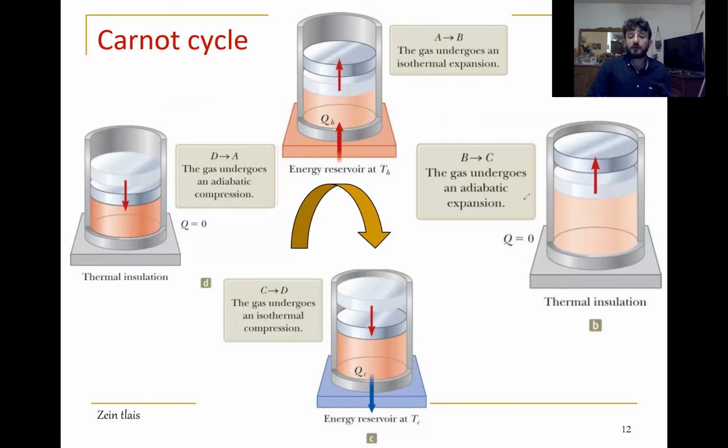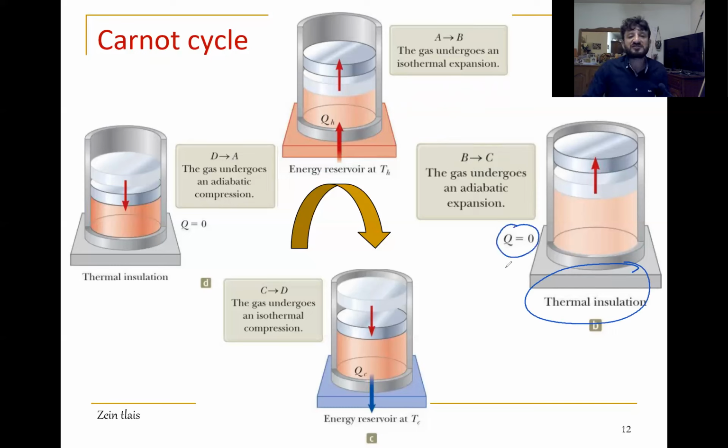We go to the second step, from the point B to the point C. Here we increase the volume, but with an adiabatic process. When I say adiabatic, we don't have any exchange of energy, we don't have heat. For this reason, we have a thermal insulation, an isolated system.